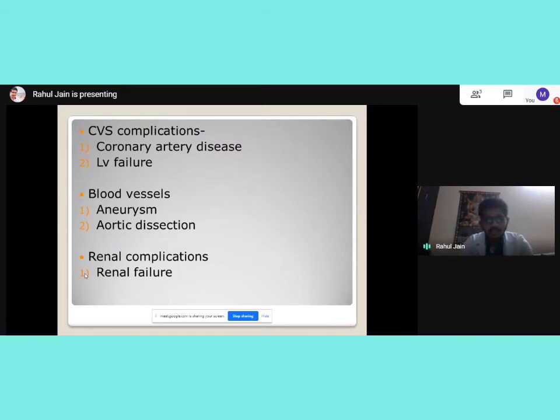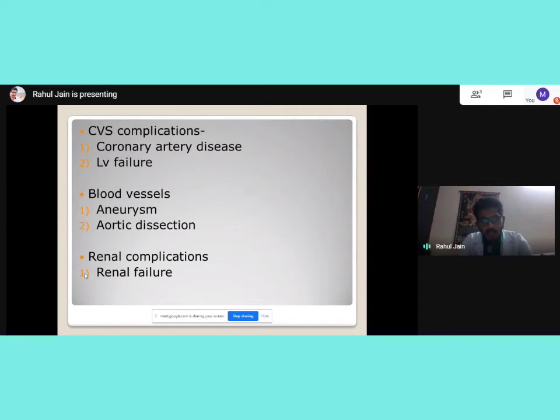And coronary artery disease occurs because the high blood pressure will cause vessel wall stress, and along with associated elevated blood sugar levels and lipid levels will cause narrowing and ultimately blockage, causing ischemic heart disease, or we call it coronary artery disease.